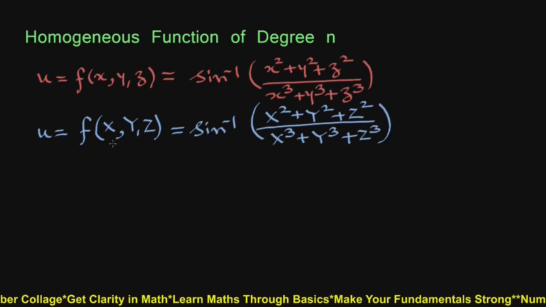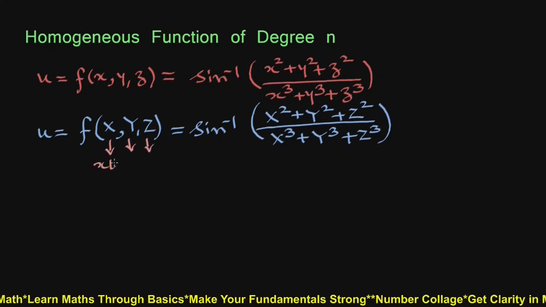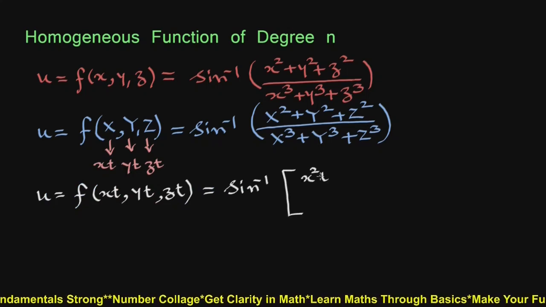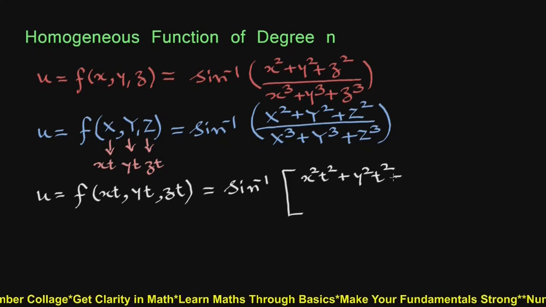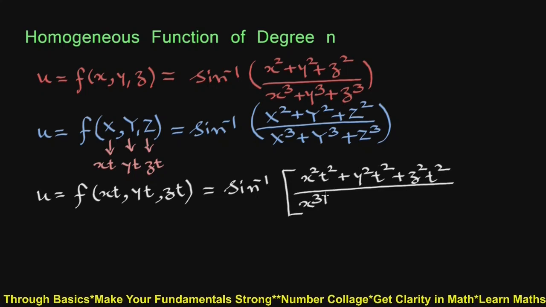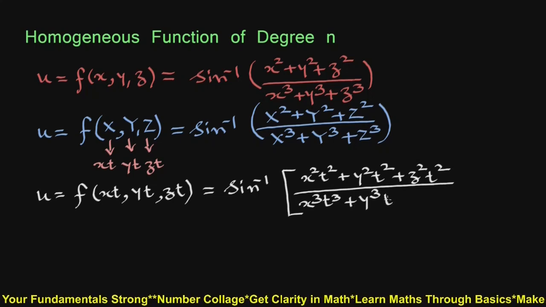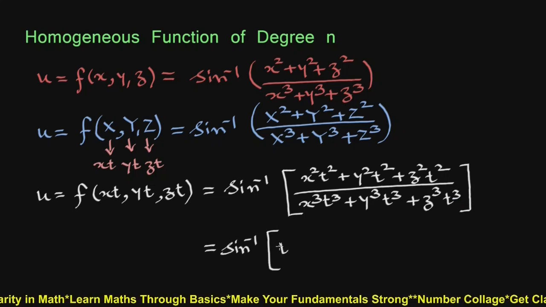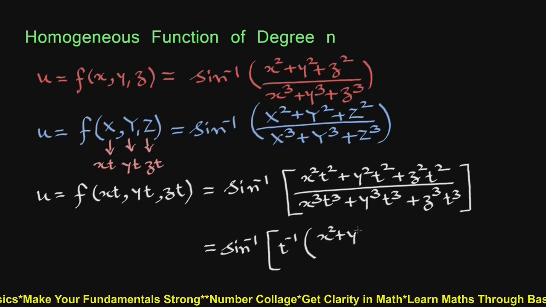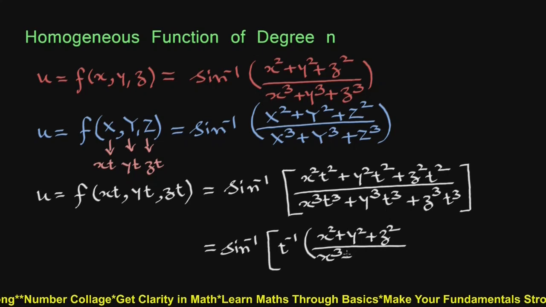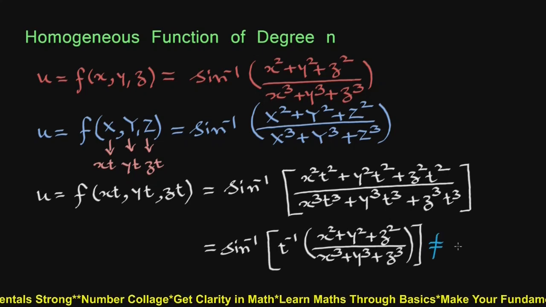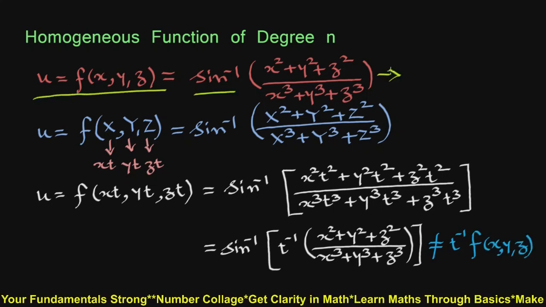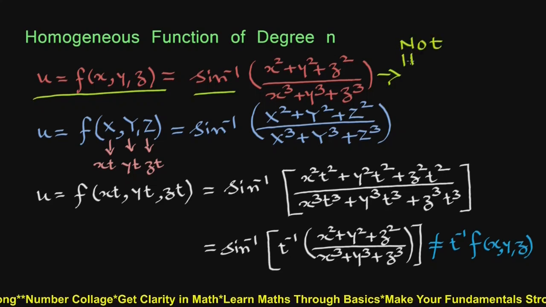After replacing capital XYZ by xt, yt and zt, it will become sine inverse of x square t square plus y square t square plus z square t square upon x cube t cube plus y cube t cube plus z cube t cube, which will be sine inverse of 1 upon t, or t raised to minus 1, times x square plus y square plus z square upon x cube plus y cube plus z cube, which is not in the form t raised to minus 1 times f of x, y, z, the original function. This is not a homogeneous function.